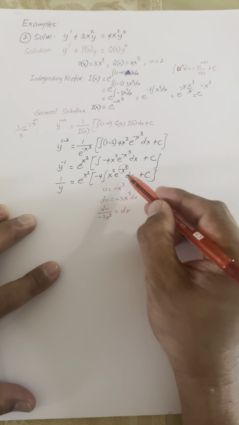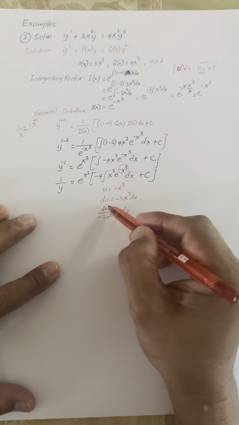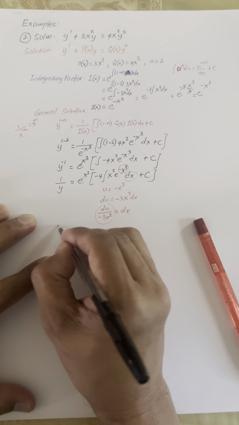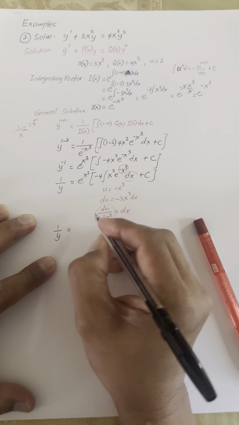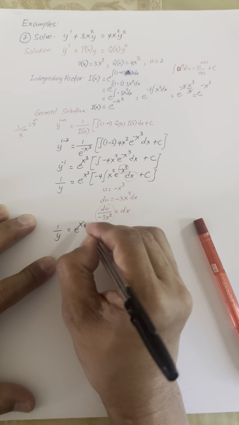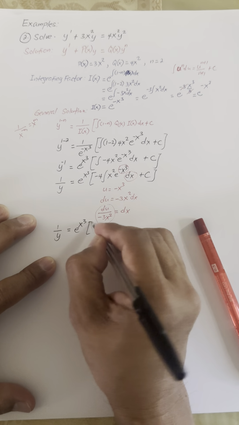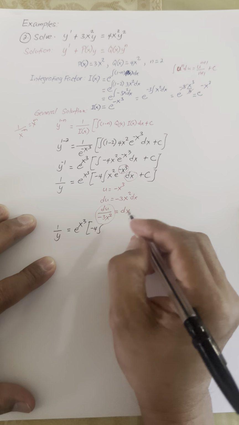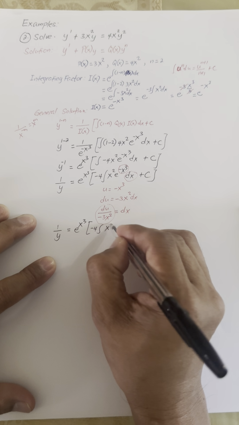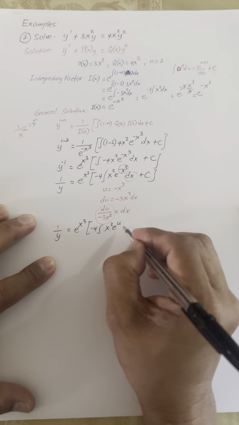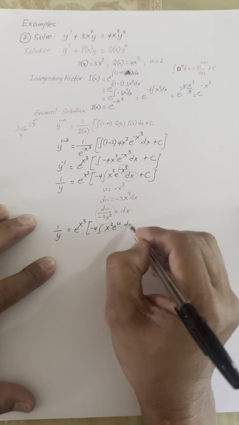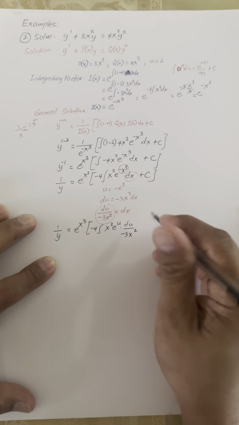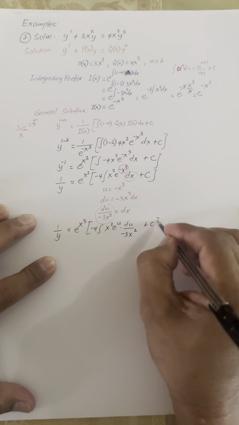Now let's replace this dx here and simplify. So we have 1 over y equal to e to the x cubed times minus 4 integral of x squared e to the u times dx. Our dx is du over minus 3x squared, then plus c.